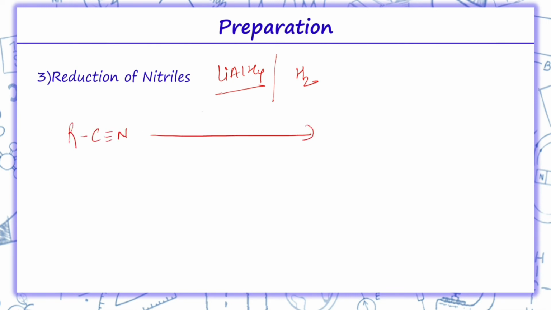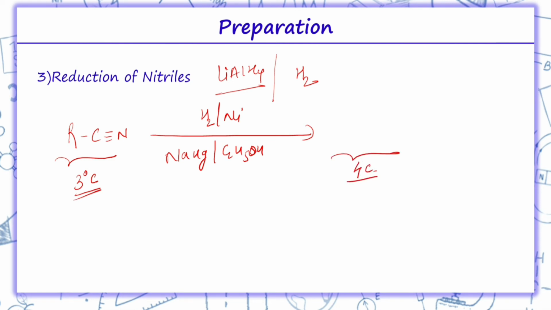This cyanide on reduction with hydrogen in nickel or platinum, or sodium amalgam with C2H5OH, gives amines but of higher carbon number. Now let us suppose over here 3 carbons of nitrile are there. So here we will get 4 carbon amine, that is we will get RCH2NH2.